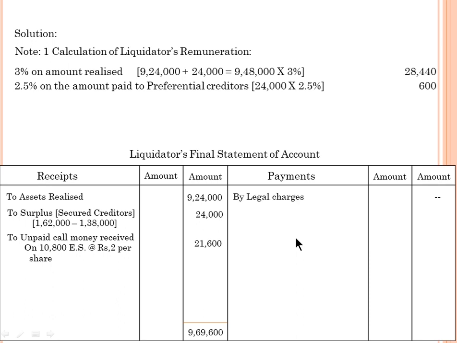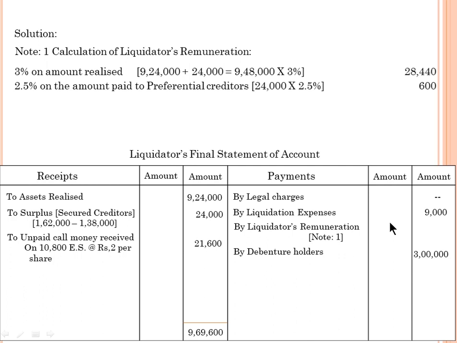Out of 9,69,600 we are going to make payments to the liabilities one by one. We start with legal charges, followed by liquidation expenses, 9,000 rupees, and liquidator remuneration. We find the value from the first working note: so far we calculated the amount out of assets realized, and 600 rupees out of preferential creditors. Then debenture holders 3 lakh rupees, followed by preferential creditors 24,000, and finally unsecured creditors. Here we check whether we have sufficient or insufficient funds.